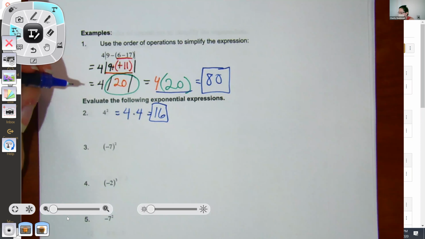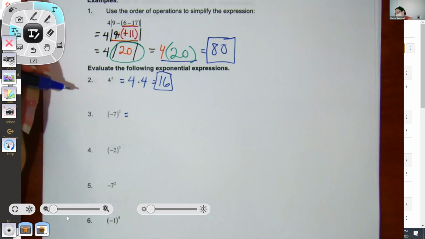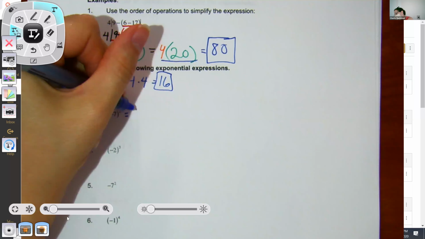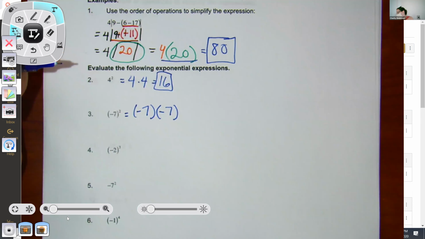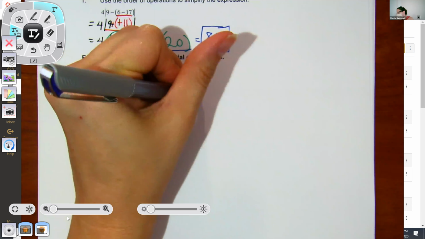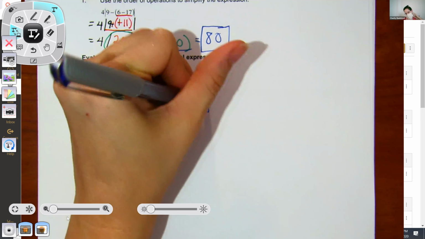Then number 3 says negative 7 squared. So that's negative 7 times negative 7, which would equal positive 49, because a negative times a negative is a positive.